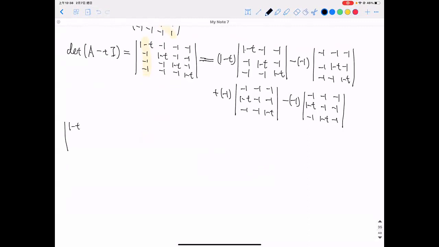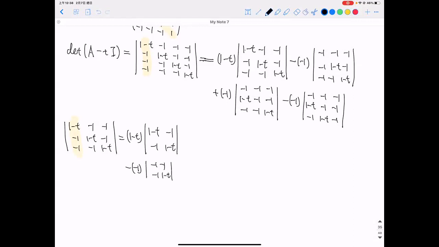This guy, 1 minus t, minus 1, minus 1, minus 1, 1 minus t, minus 1, minus 1, minus 1, 1 minus t, is equal to, again, first column expansion, 1 minus t, minus t, minus 1, minus 1, 1 minus t, minus, minus 1, minus 1, minus 1, minus 1, 1 minus t, plus minus 1, minus 1, minus 1, 1 minus t, minus 1.